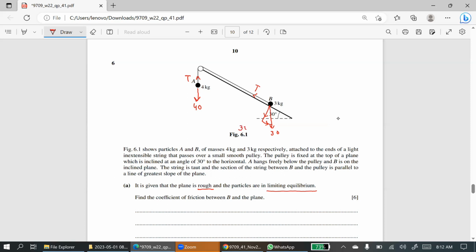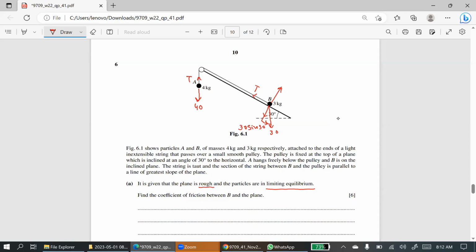Mg sine 30. This one is a normal reaction R. This component of weight is Mg cos 30.